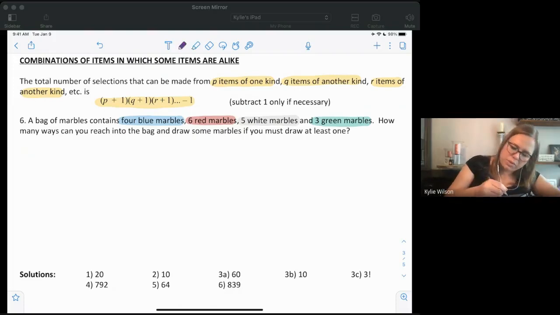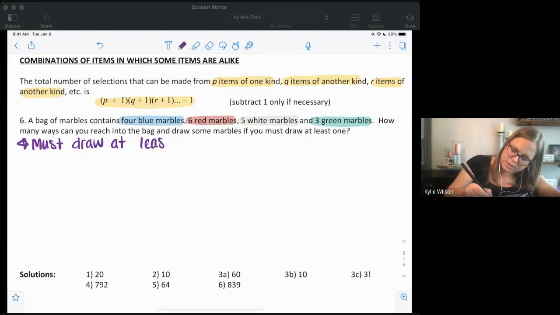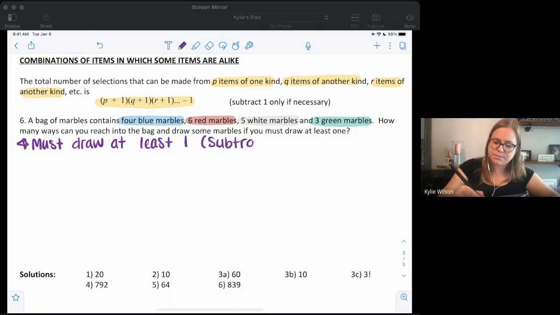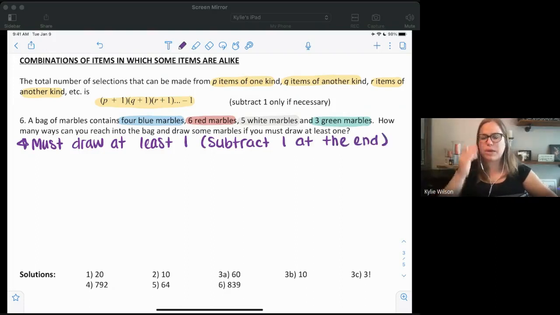So we must draw at least 1, which means we cannot have a 0 option, right? So we will have to subtract 1 at the end. If I did have an option where I didn't have to pick 1, I wouldn't have to worry about that.